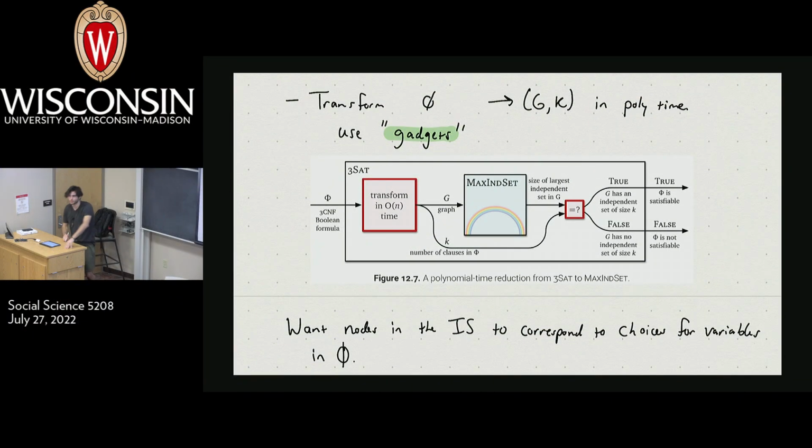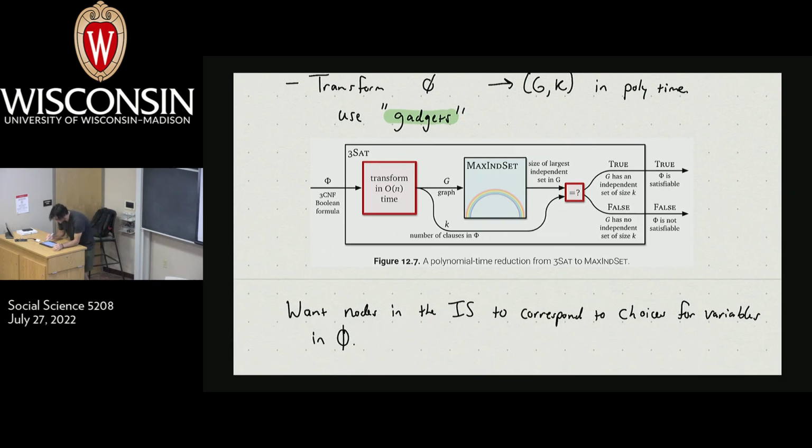We're going to do this with an idea called gadgets. In our graph, we want to construct little subgraphs, little pieces, that somehow help us solve the original problem. In particular, the goal of SAT is to find an assignment of the input variables so that the overall formula is true.